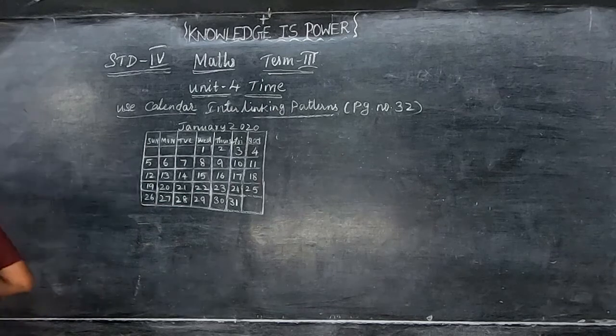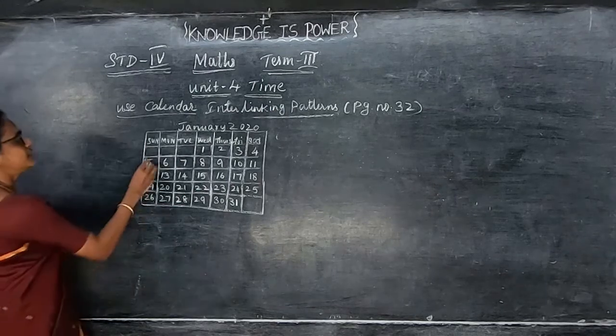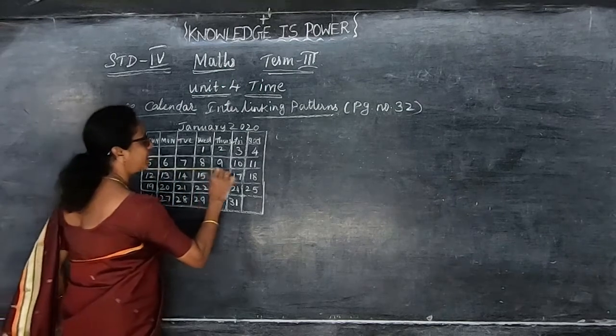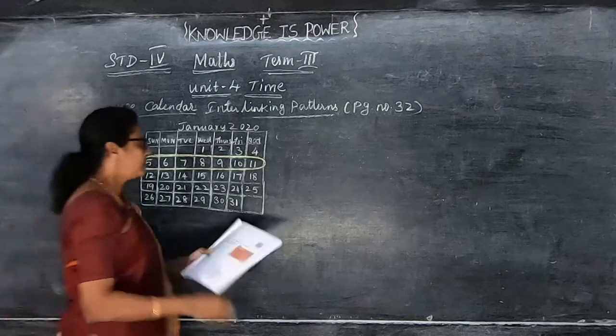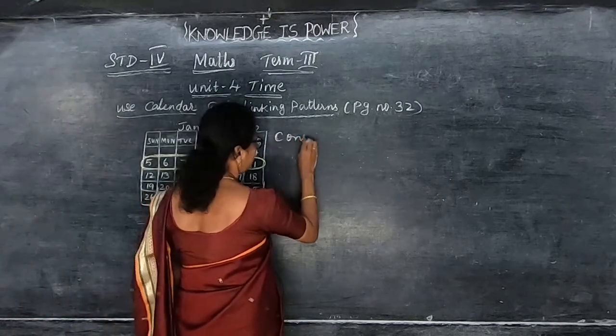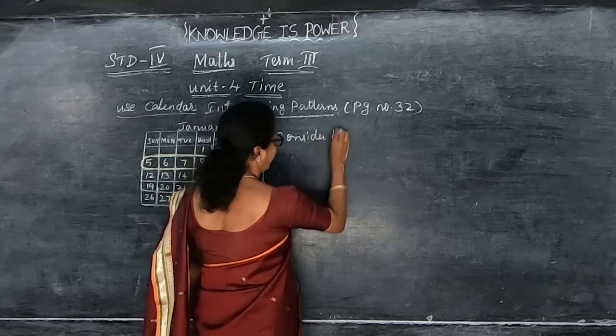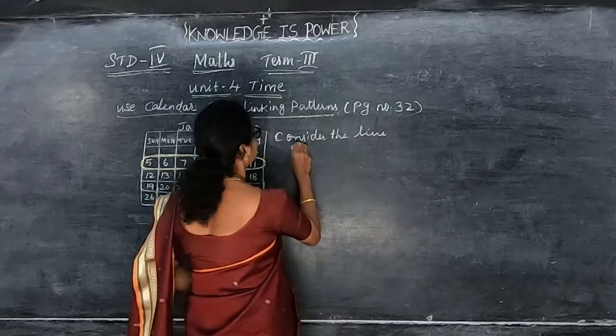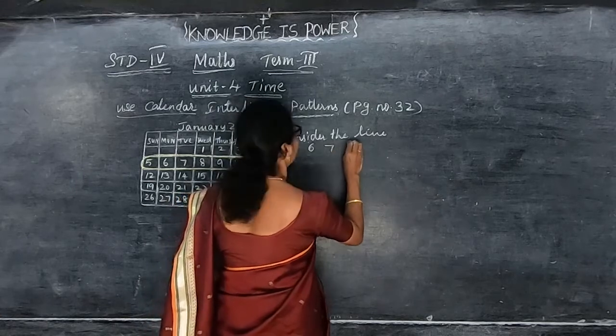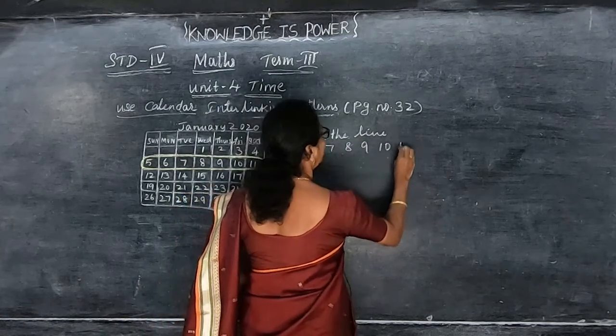So next you can take this one. Consider this line: 5, 6, 7, 8, 9, 10 and 11. Okay, yeah. Consider the line. Okay, take this. In the line we have taken 5, 6, 7, 8, 9, 10 and 11.